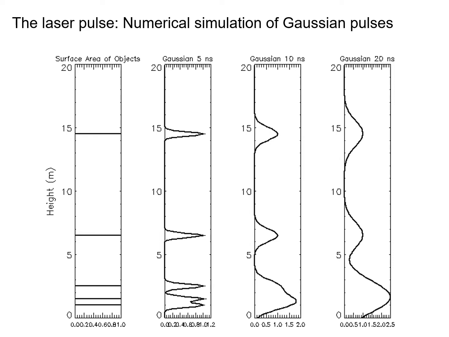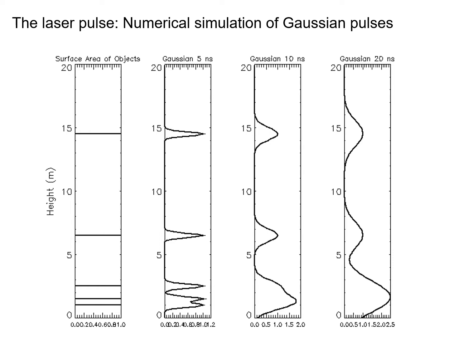What you're going to get in your receiver is the surface area of the object, convolved, is the way we would say it, with the pulse and the pulse power over time. So if that pulse is 5 nanoseconds long, you go to that next figure there, you'd expect that that's what your return pulses would look like.